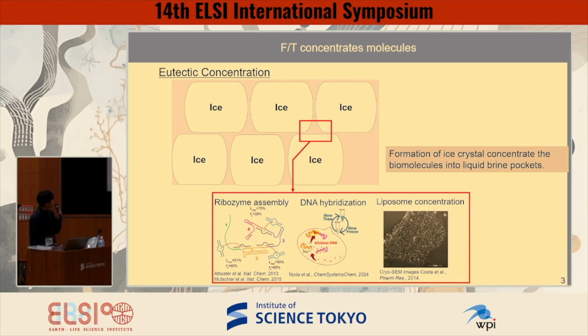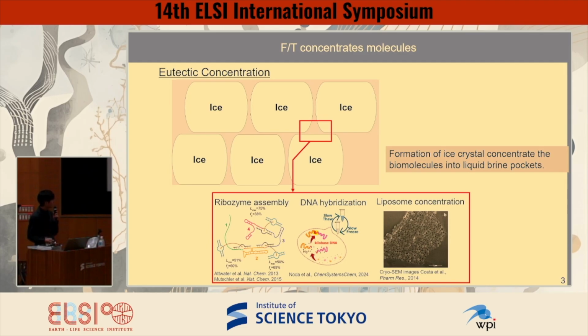And also, freeze-thaw provides an effective concentrating mechanism. During freezing, the formation of ice crystals concentrates the biomolecules into liquid brine pockets. This concentration mechanism is well known, and previous studies have shown ribosome assembly, DNA hybridization, and ribozyme concentration in these liquid brine pockets.